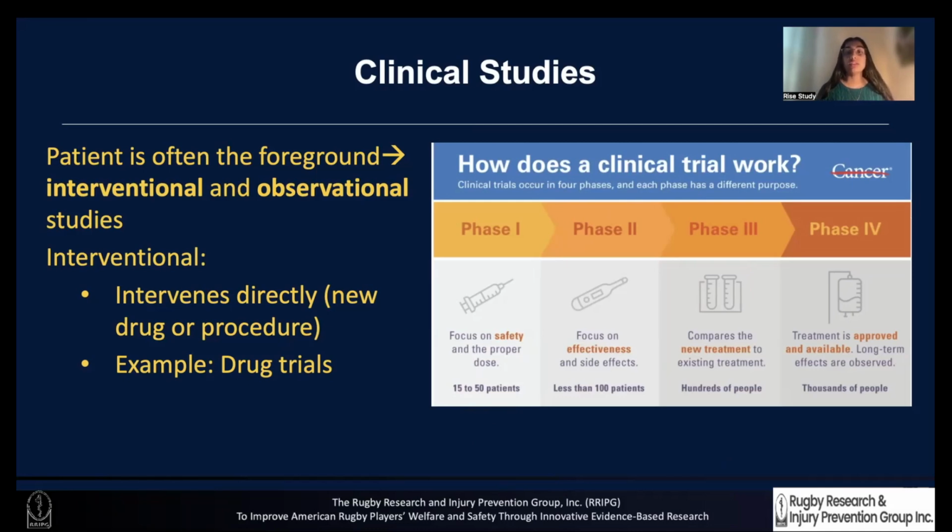Phase two is a slightly larger study, but once again, not that large, and this focuses more on the effectiveness and side effects of the medication. Phase three compares the new treatment to an existing treatment, which can take place with hundreds of people. And finally, phase four is approved, but this is more focused on long-term effects of the medication.